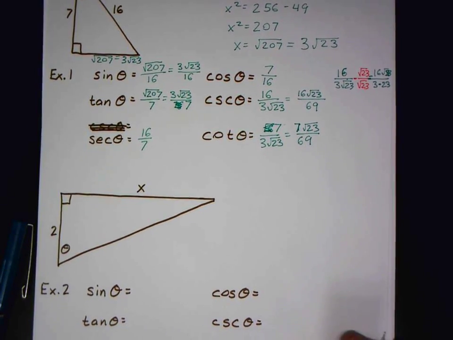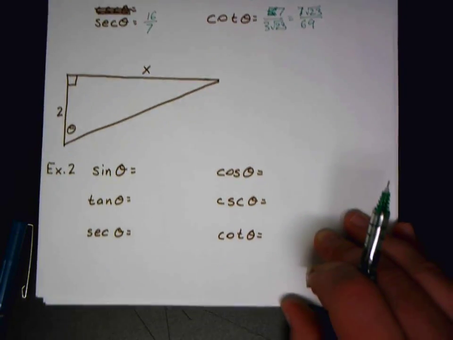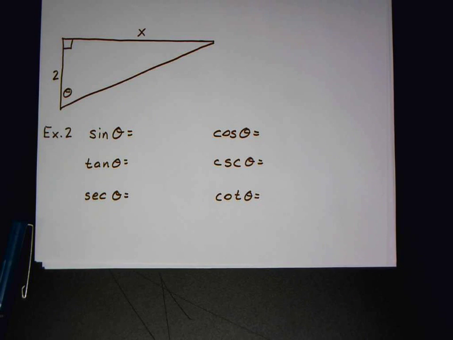Okay, so let's make it a little bit harder. I made this one harder, not so much in the trig, but with the Pythagorean theorem. What's my missing side?